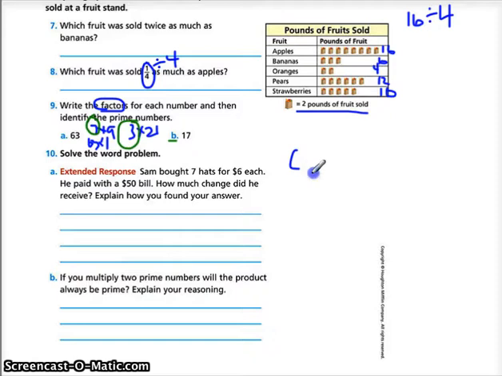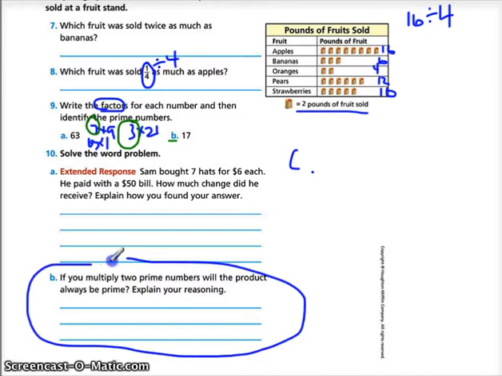We have C, which is this one down here. If you multiply 2 prime numbers, will the product always be prime? Explain your reasoning. So in order to solve this, let's think of some prime numbers.